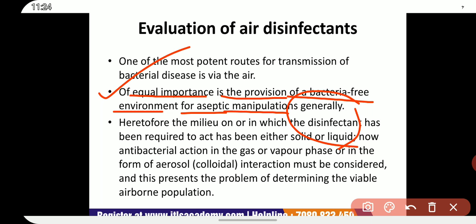Clearly, the disinfection of the atmosphere is a worthwhile field of study, and to this end much research has been done. It is equally clearly important to be able to evaluate preparations claimed to be air disinfectants.